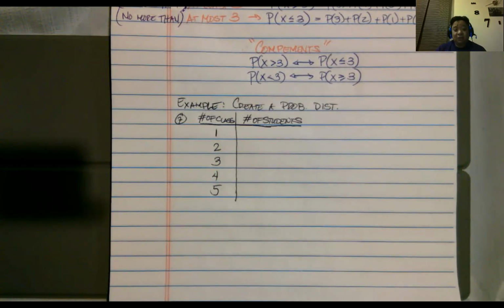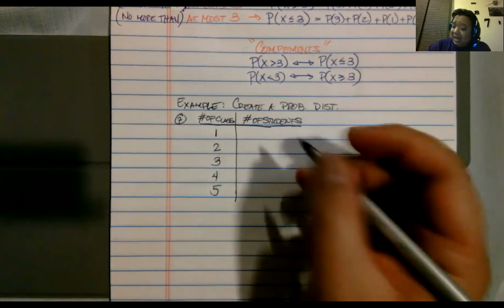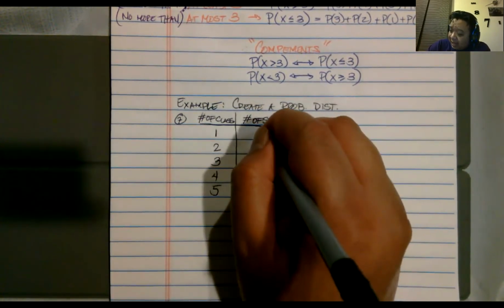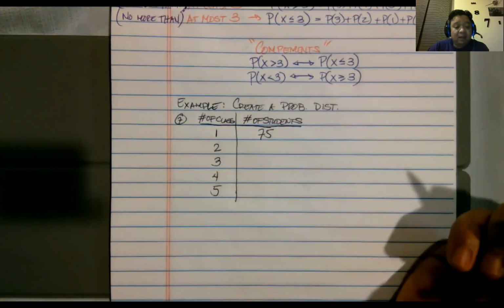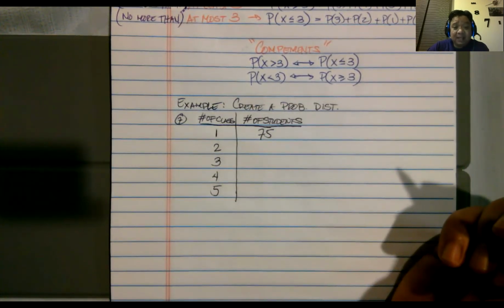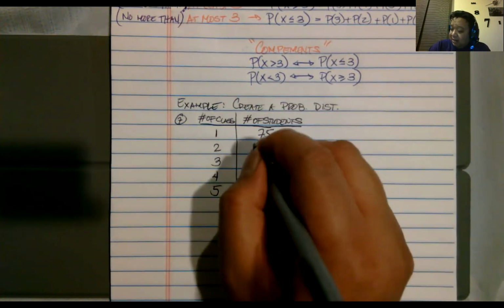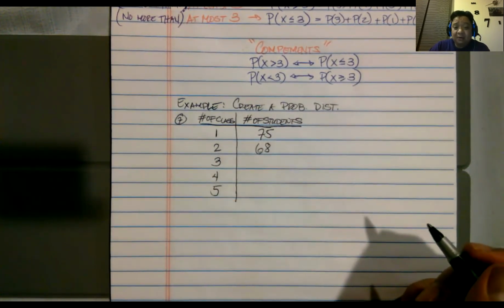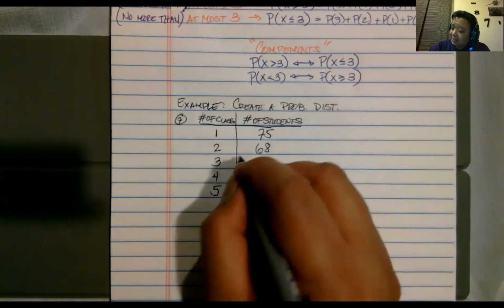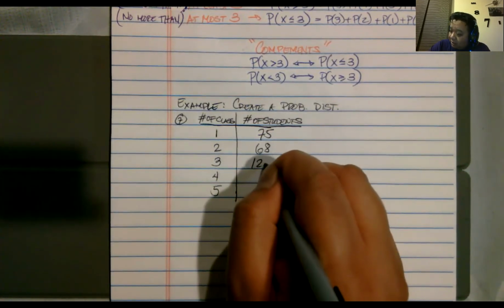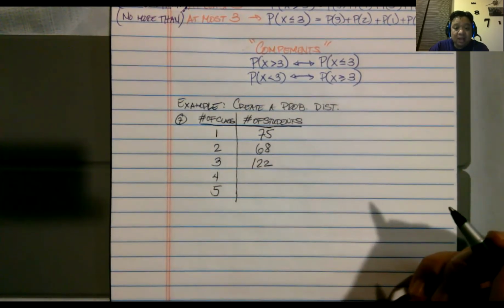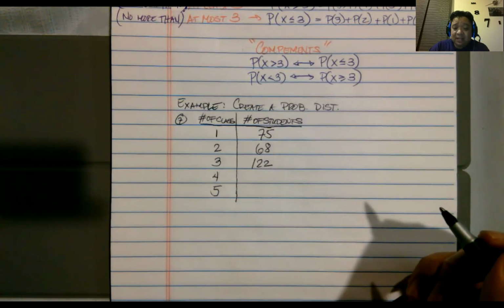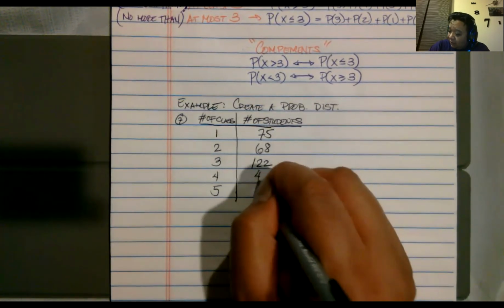The number of students that are taking one class was, let's say, 75. The number of students taking 2 classes was 68. The number of students taking 3 classes was 122. The number of students taking 4 classes is 45.